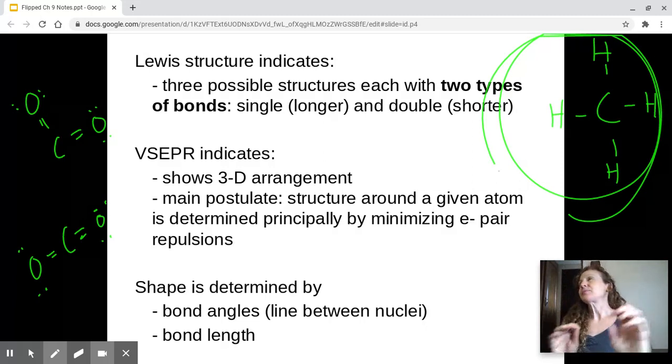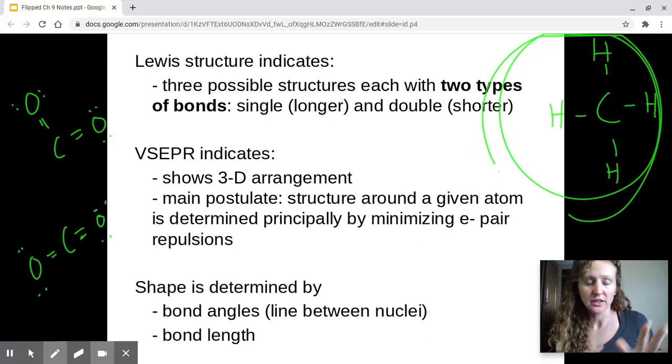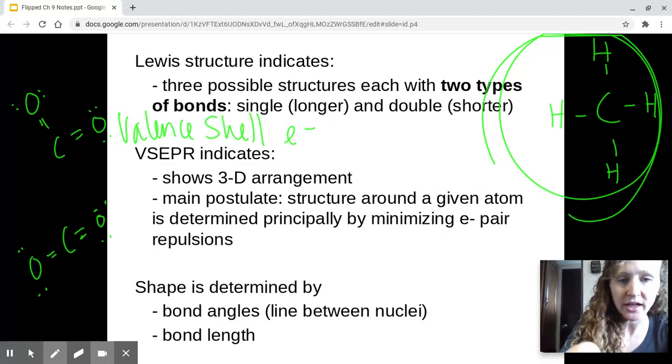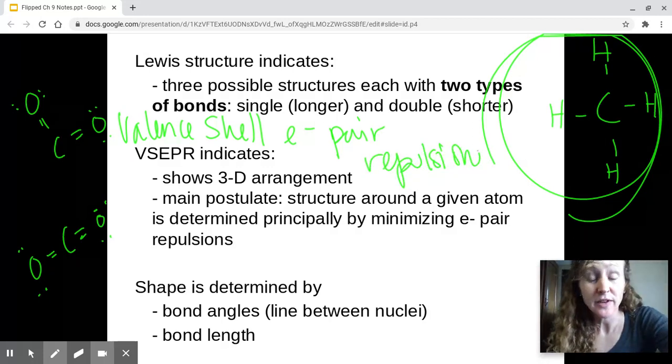VSEPR stands for valence shell electron pair repulsion. Okay, so that's what VSEPR stands for.